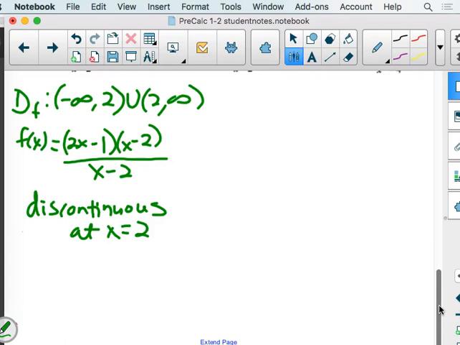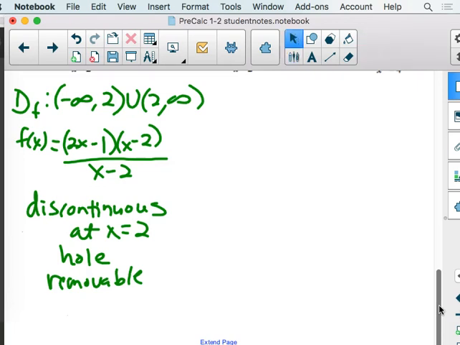But if it's going to cancel, it's a hole. And that makes it a removable discontinuity. I think we answered every question they want. Find the domain, do that. Find the discontinuities of each of the following functions. Classify each as a hole or vertical asymptote. Do a little extra. Tell them it was removable right there. All right. Next one.